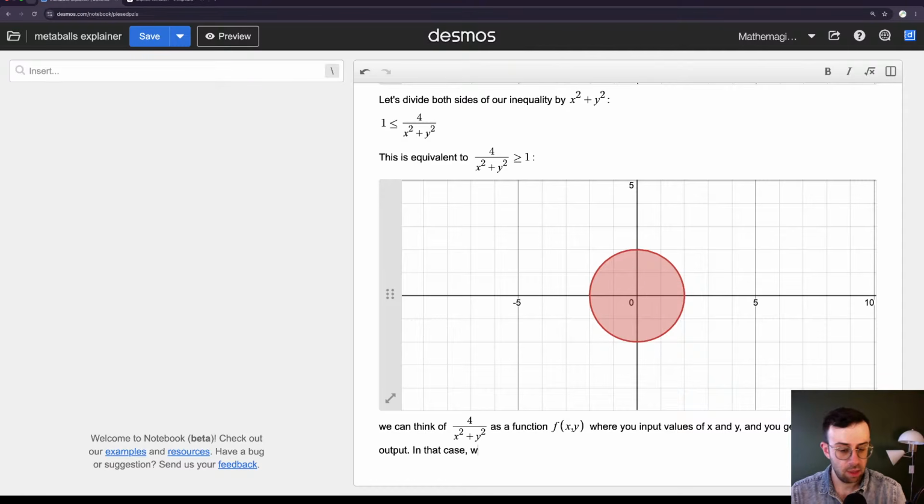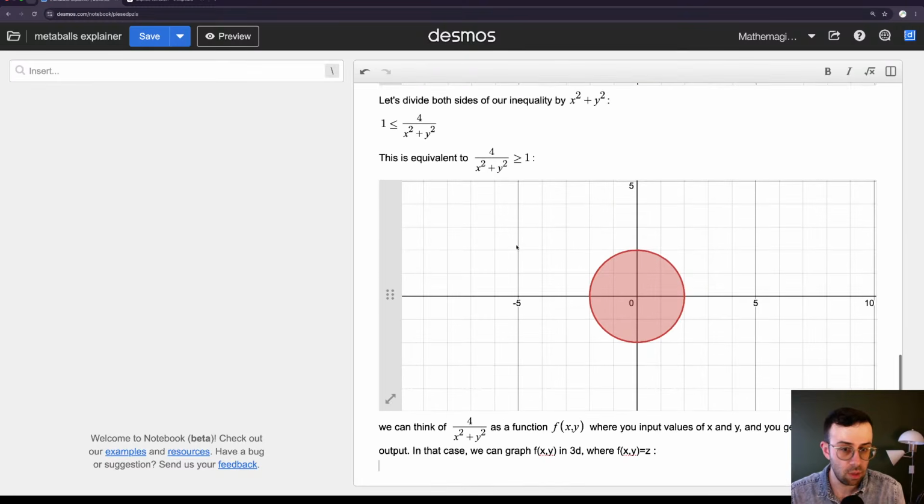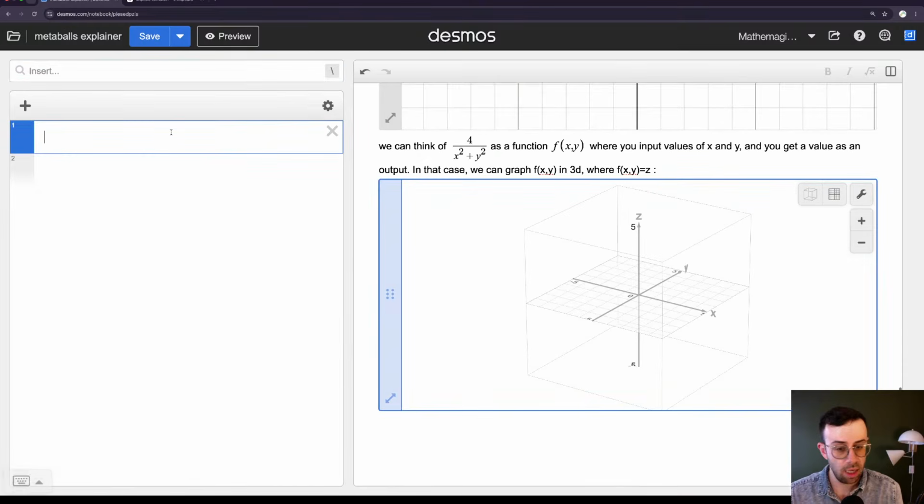In that case, we can graph f of x, y in 3D, where f of x, y equals z. And then I'll put the 3D graph. Okay, so I don't know if that's the best explanation. Part of this is how do you explain math well, and how do you do it in a nice way? I guess that's really the key.